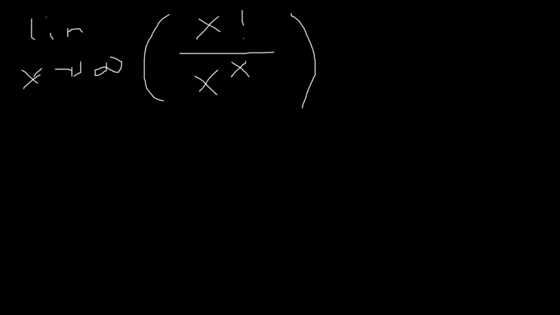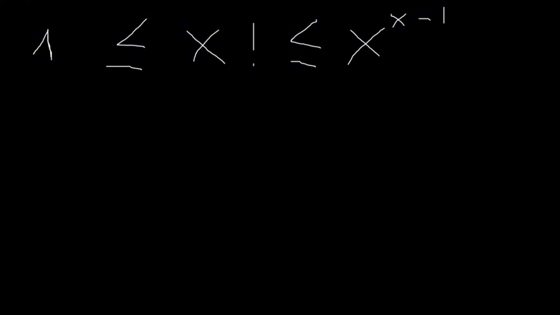To further move on, we are going to divide all through by x to the power x. We divide here by x to the power x, so that it should look like our initial question.